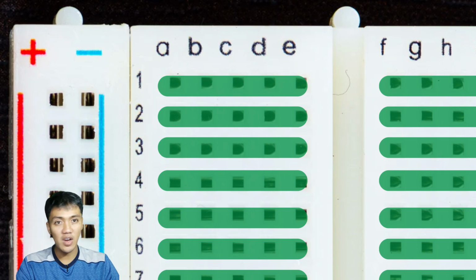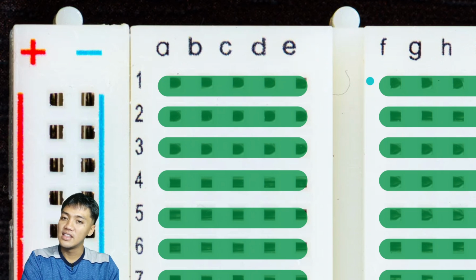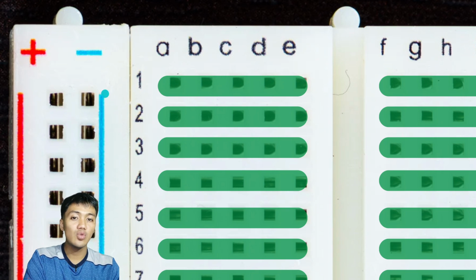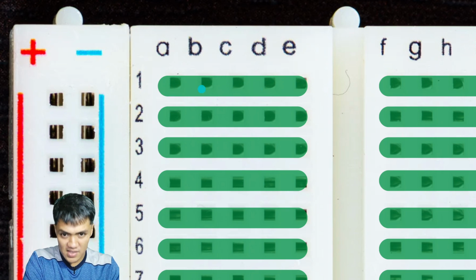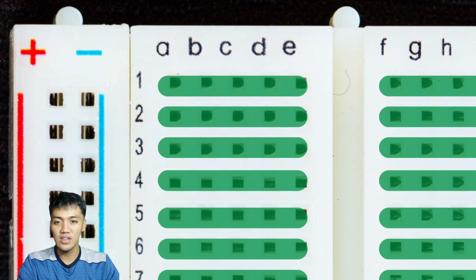So if we have a component, let's say one end of the LED is inserted in 1E, and the power line is connected to 1A, the component is essentially connected to our power because all of the holes in row 1 are connected.